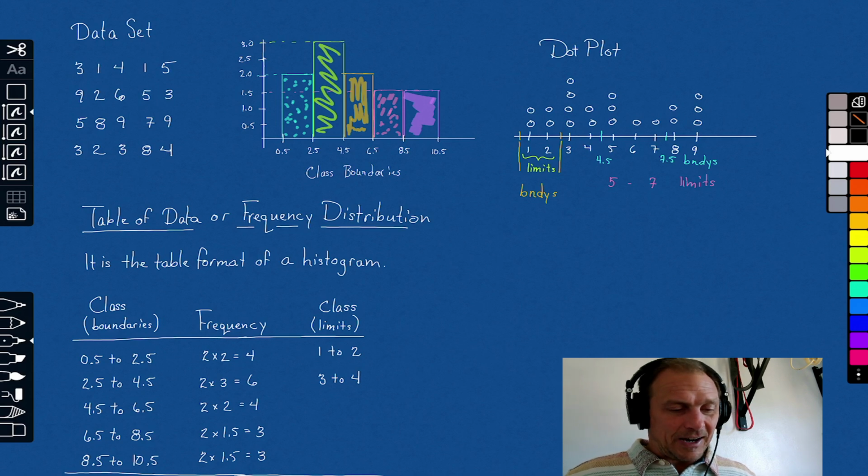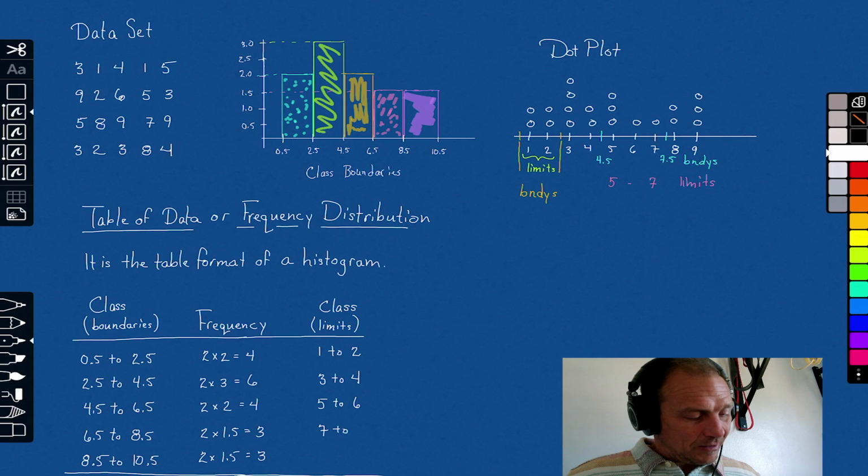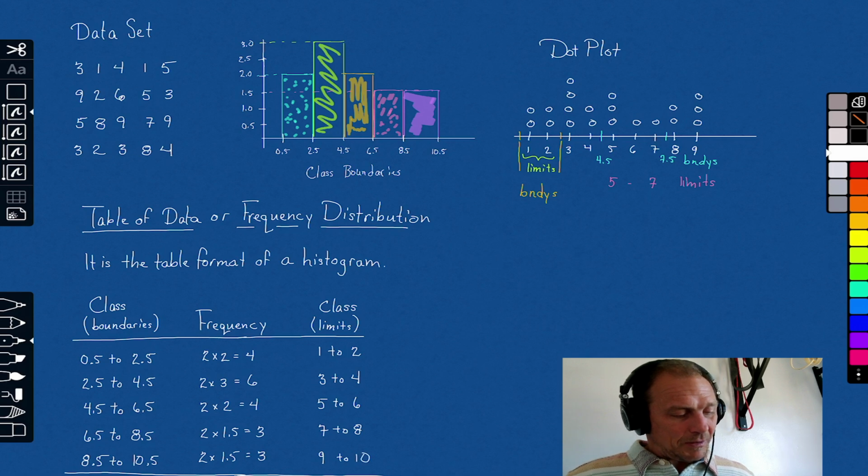Our next class is from 5 to 6. Our next set of class limits are 7 to 8. And our final ones are 9 to 10.